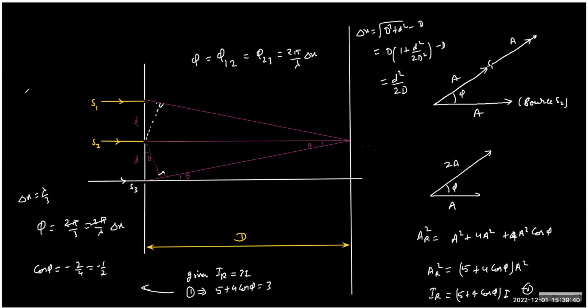So now delta x is lambda by 3. If you compare with the formula which they have given, n is 3. So when we have the point in front of the slit, we have to take the actual difference and then take the approximation. Don't use d sin theta; that will give you the erroneous answer.